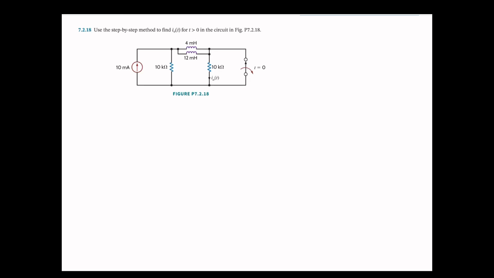7.2.18. Use the step-by-step method to find I sub 0 of t. As we discussed in class, we're going to follow these 6 steps.